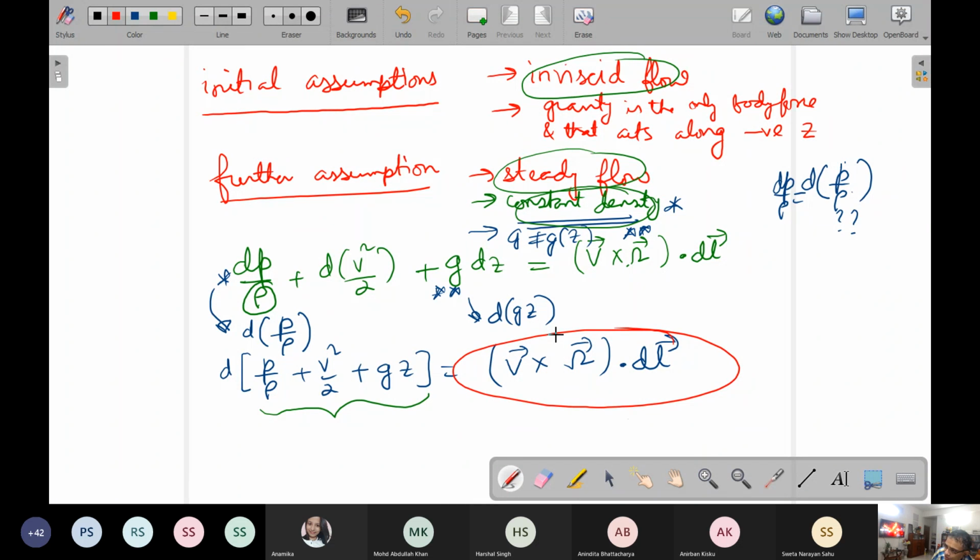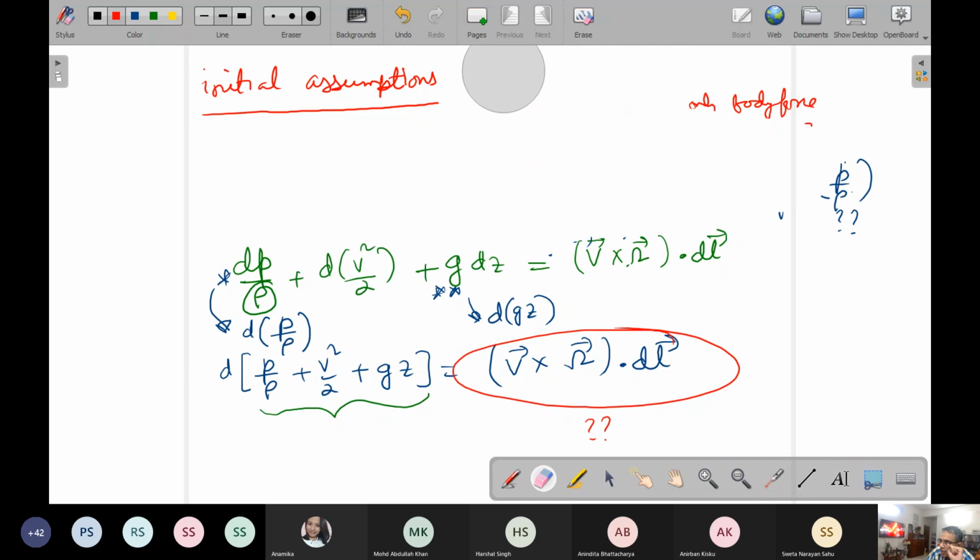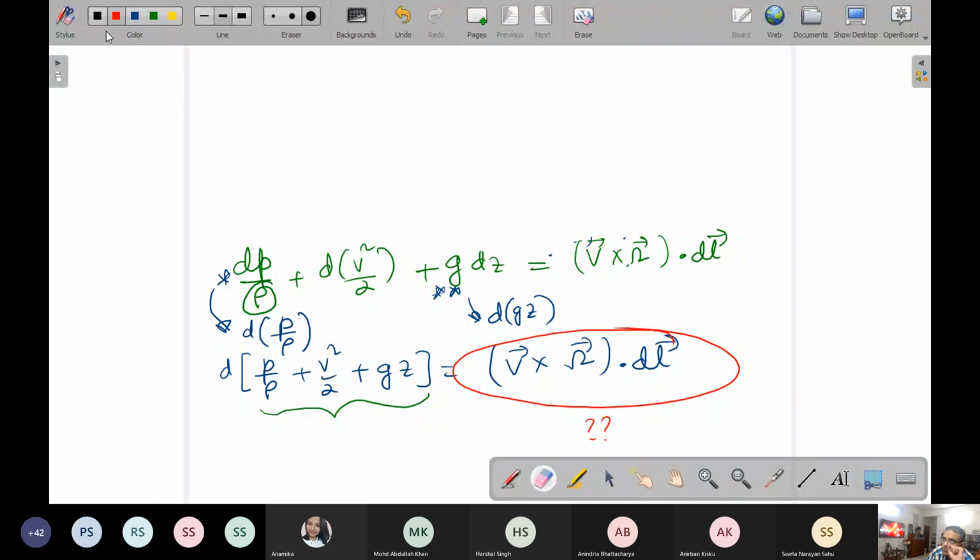If this term could be 0, then straight away we can say that d of this is 0 and this is constant. So let us try to figure out the conditions under which this culprit, which is in general standing between this and what we call Bernoulli's equation, will be gone, and we can say that the corresponding term is 0.